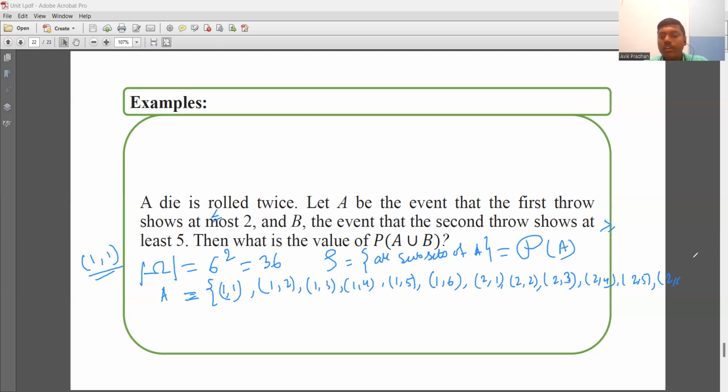These are the only possible outcomes which are in favor of A. So you can see there are 12 possible outcomes. So I can write cardinality of A is equal to 12.